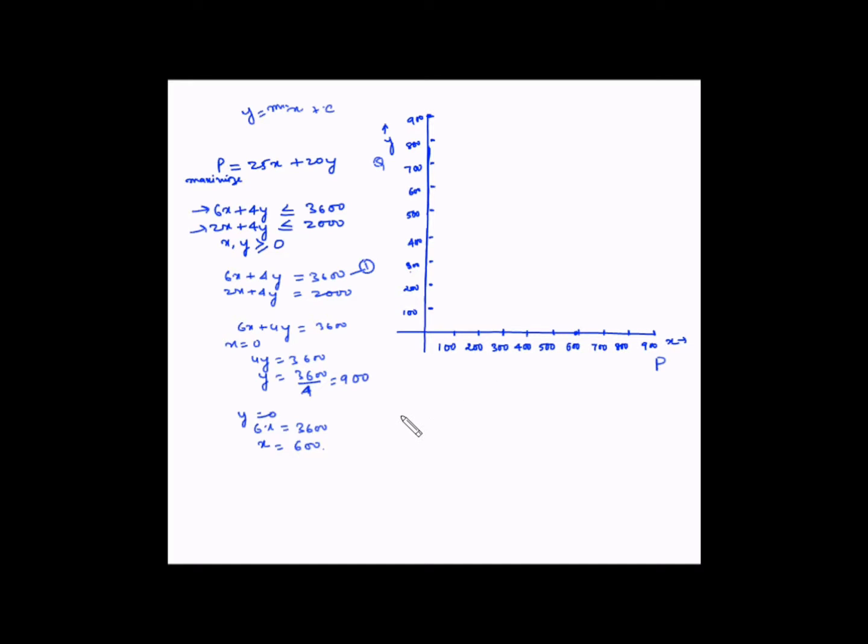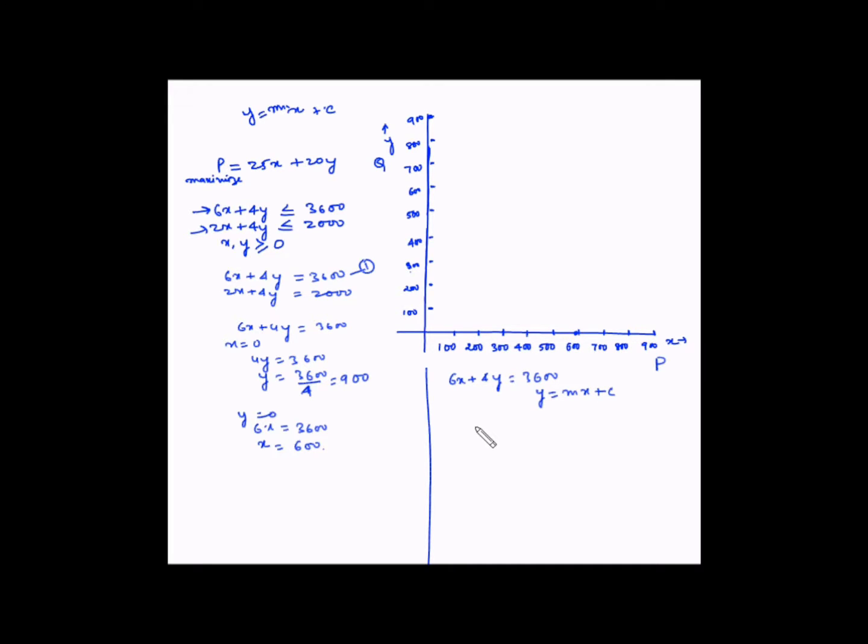Now, there is another way to find or to plot this line, that is the method of finding the slope. So we know that 6x plus 4y is equal to 3600. Now let us bring this equation in the form of y is equal to mx plus c.